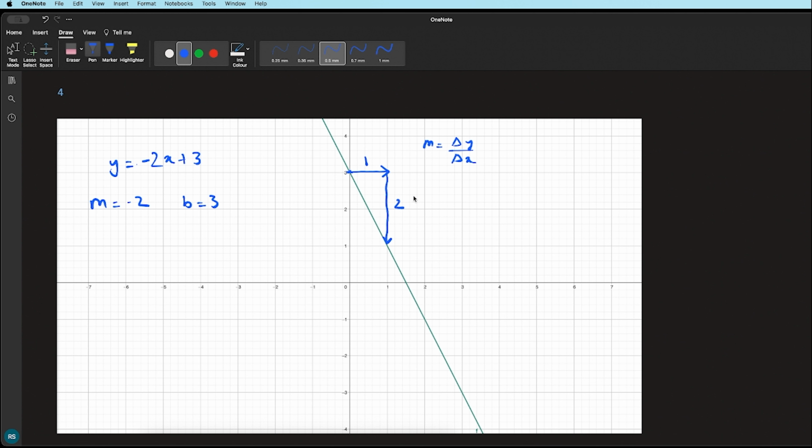If there is a change in the downward direction, that number will always be negative. That's why we have written the change in y in the downward direction as minus 2, and the change in x is represented by 1. So my slope will be minus 2, as we have defined in the equation here.